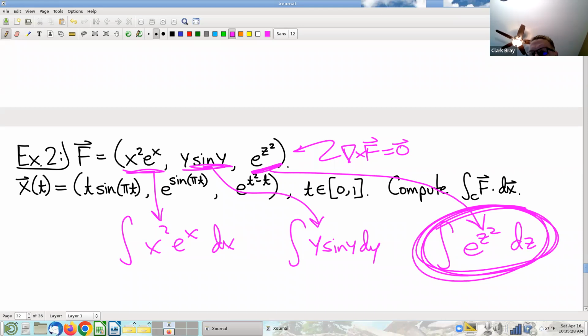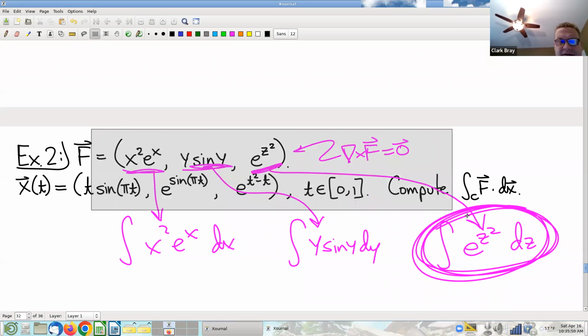It can't be done. Without using sequences and series or something like that, there is no antiderivative that you can write down. There is an antiderivative, I emphasize; it's just that you can't write it down in usual terms. So the fundamental theorem of line integrals is not looking good.